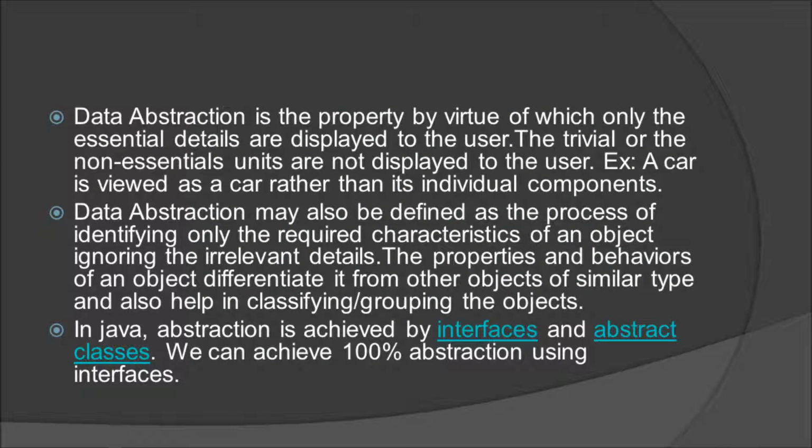Data abstraction may also be defined as the process of identifying only the required characteristics of an object, ignoring the irrelevant details. The properties and behaviors of an object differentiate it from other objects of similar type and also help in grouping the objects.